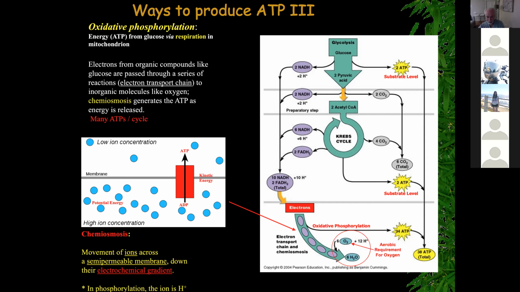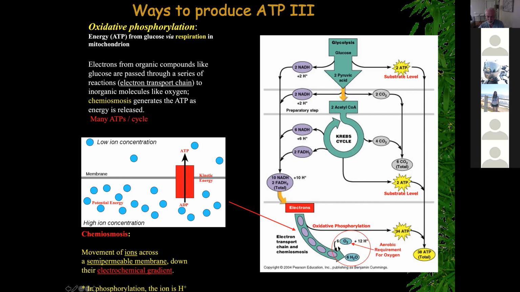And if we couldn't do that, what would happen? So if there were no oxygen here, what would happen? Remember, electrons are passing down this electron transport chain. They get to the end.